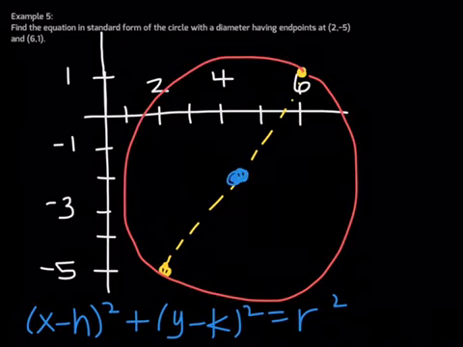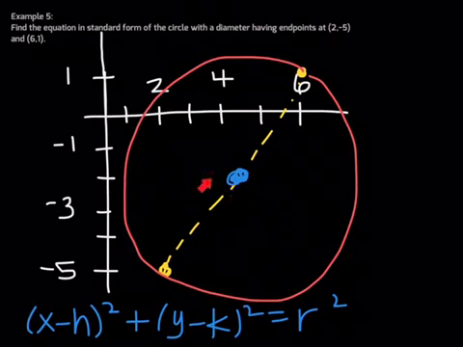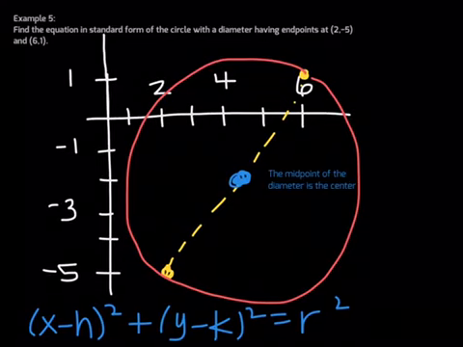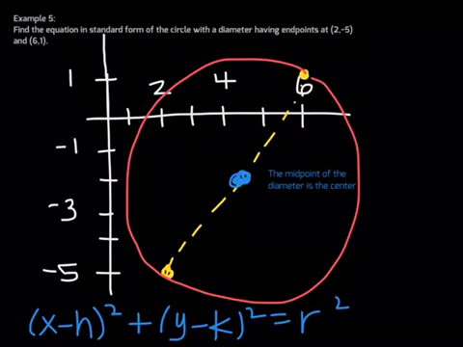So if we find the midpoint, we find the center. There is a midpoint formula. Basically, the midpoint formula gives us the average of your x coordinates and your y coordinates.